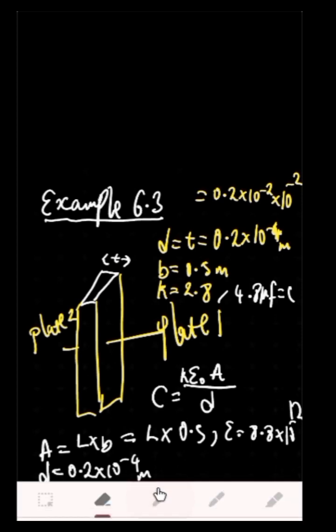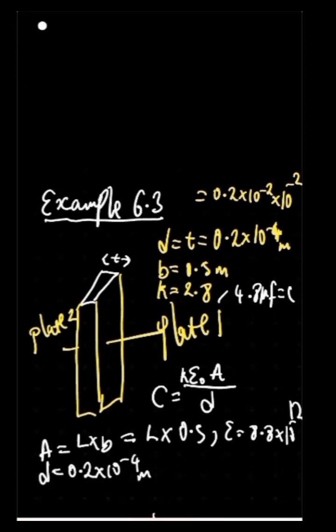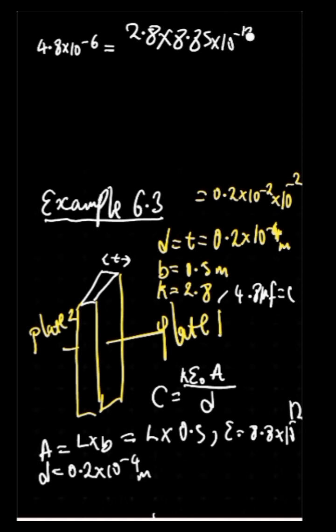To have C, that is 4.8 times 10 raised to power minus 6, to be equal to K, now is 2.8, right? Epsilon is 8.85 times 10 raised to power minus 12 times area.